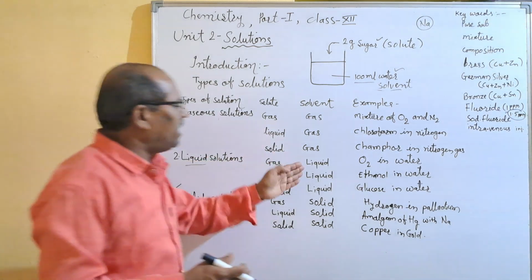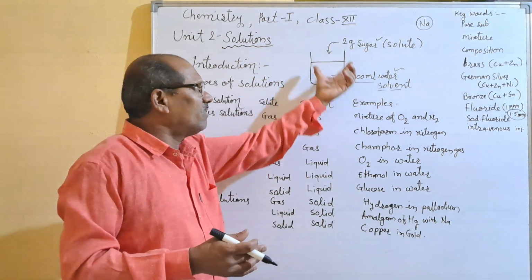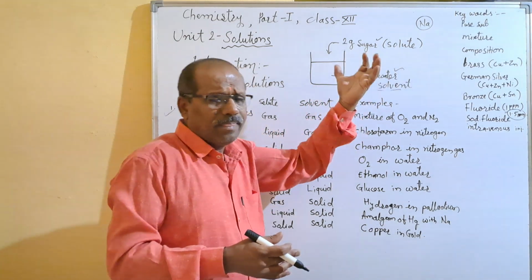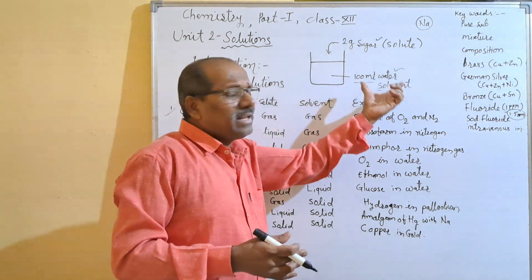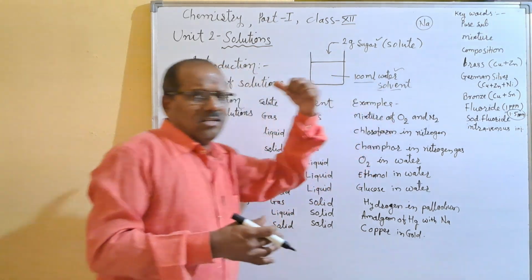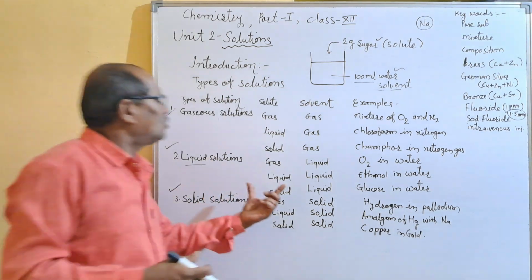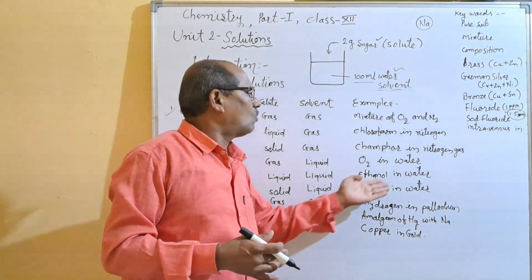Then solid in liquid. Whenever we add glucose or sugar into water, where the water is in a larger quantity, it acts as the solvent, and the physical state of that water is liquid, hence the solution is a liquid solution, that is solid in liquid. The example is glucose in water.